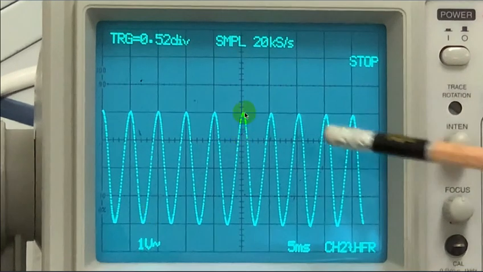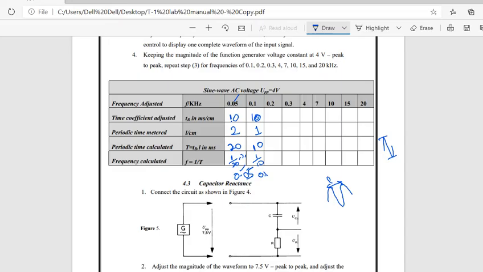From this point to this point it is 1 box into 5, so 5 into 1 becomes 5. 1 by 5 is nothing but 0.2.